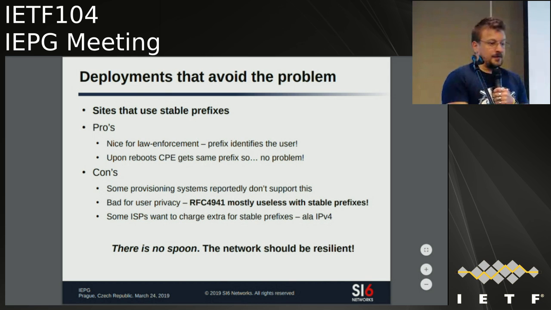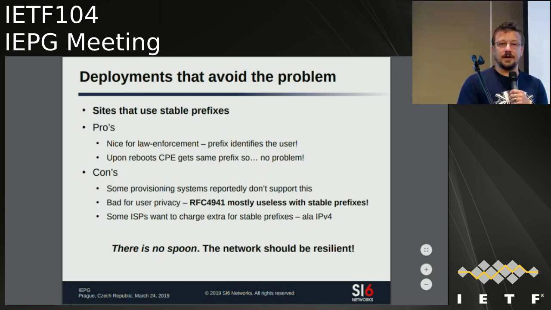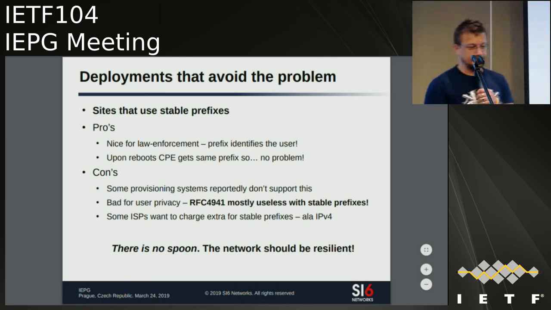As a personal point of view, I don't think that the solution to this problem should be to use stable prefixes. Or to put it in another way, even if you don't, the network should be resilient and still not break if the ISP is leasing dynamic prefixes.